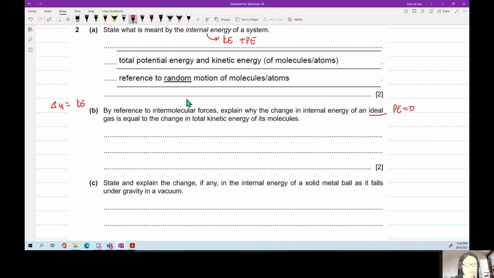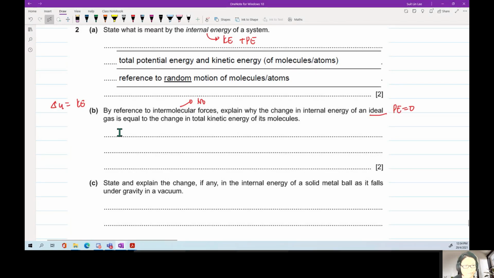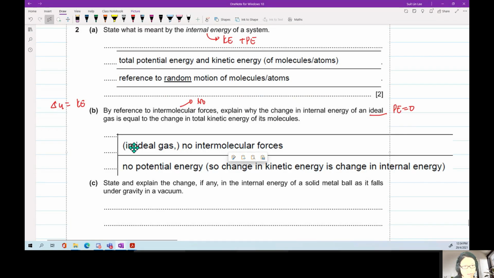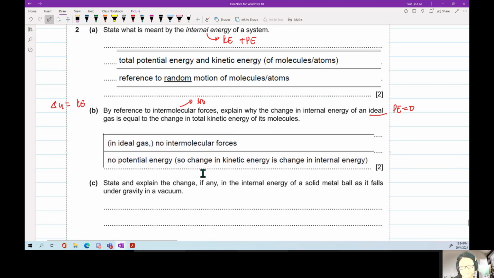The reason PE is 0 is because there are no intermolecular forces. So in the ideal gas, there are no intermolecular forces, and because of this, there is no potential energy. So the change in kinetic energy is the change in internal energy, because this one becomes 0.